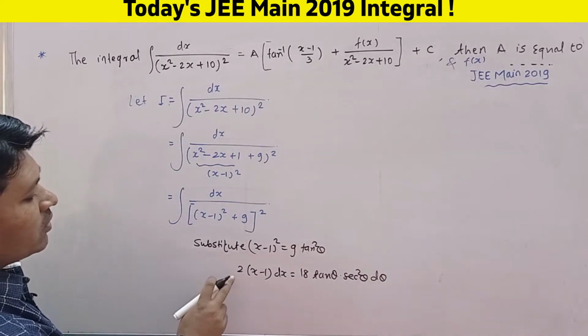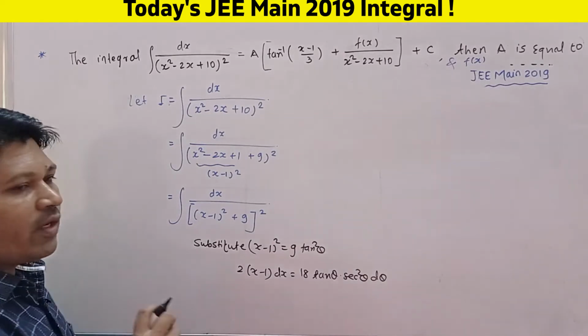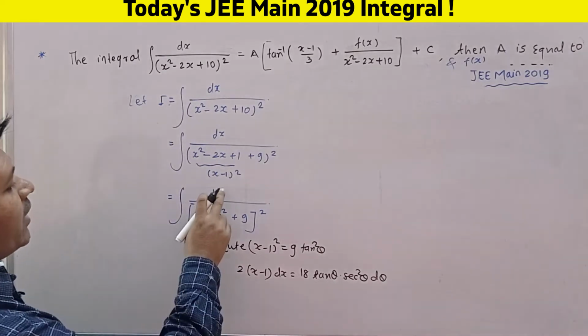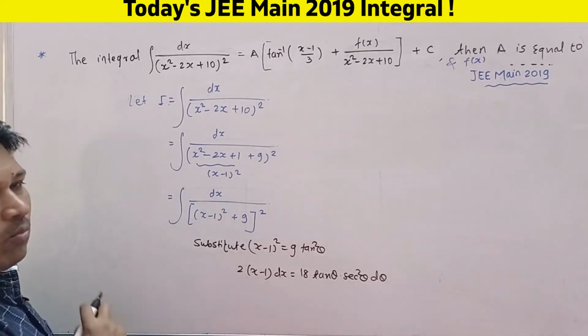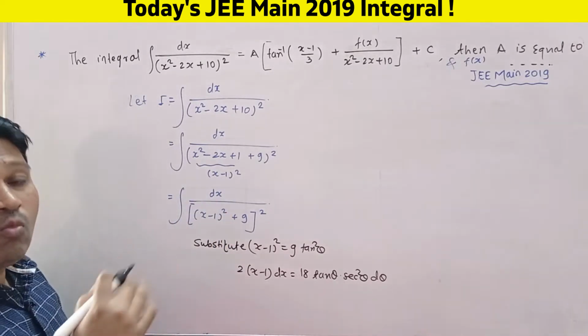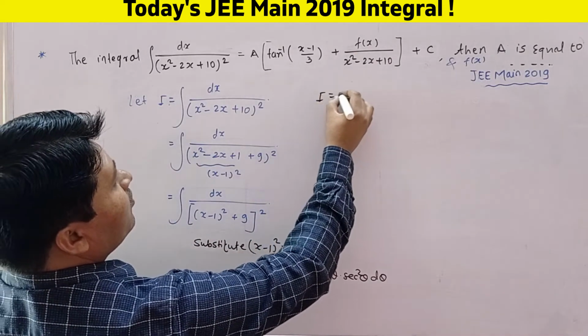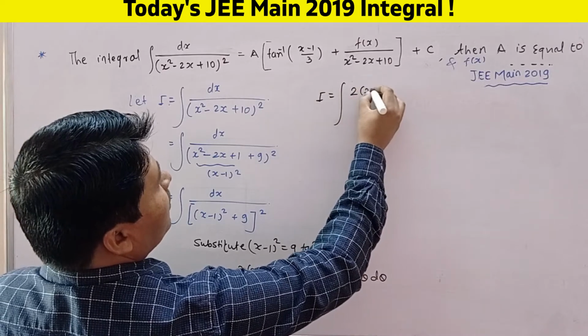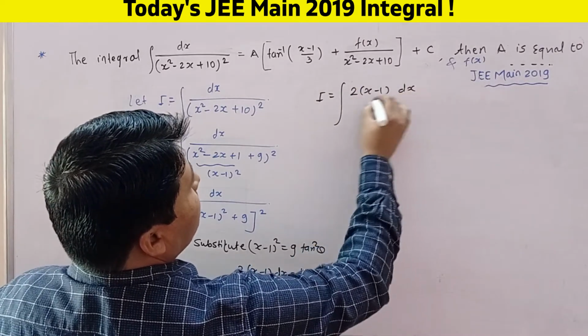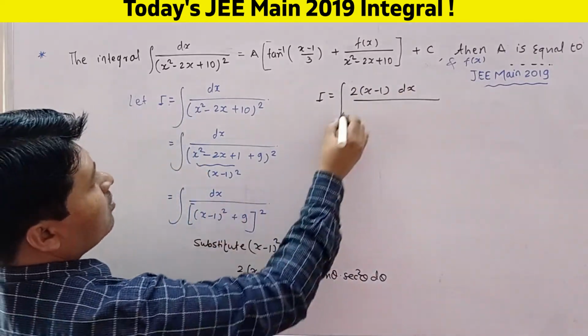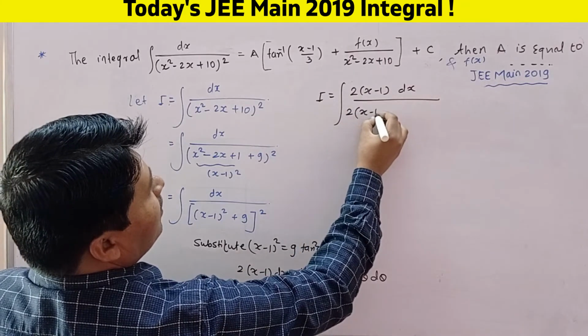Now we observe that the term 2(x − 1) is not present in the numerator, so we can adjust on both sides, numerator and denominator. Therefore this integration becomes 2(x − 1) dx, and we arrange the same term in the denominator part.